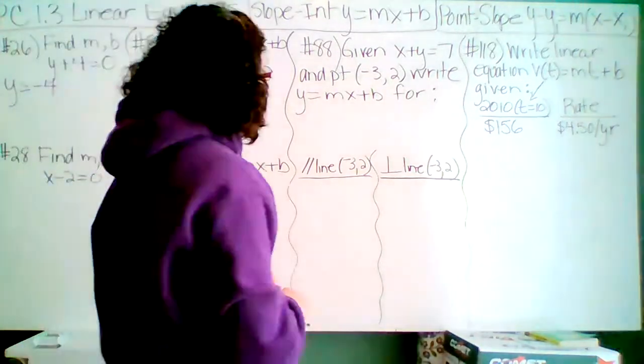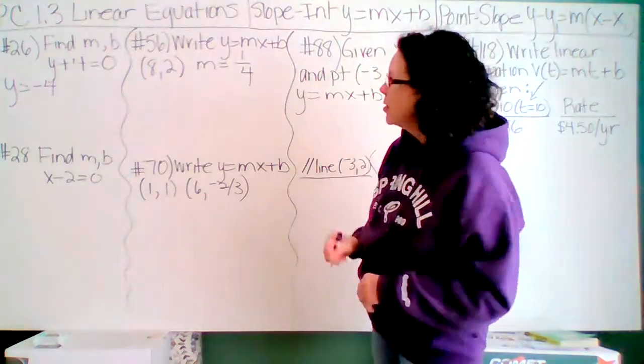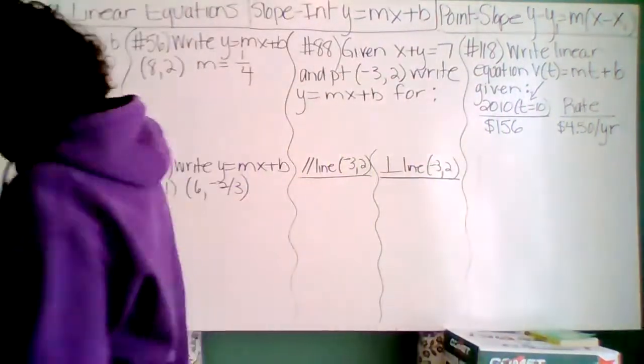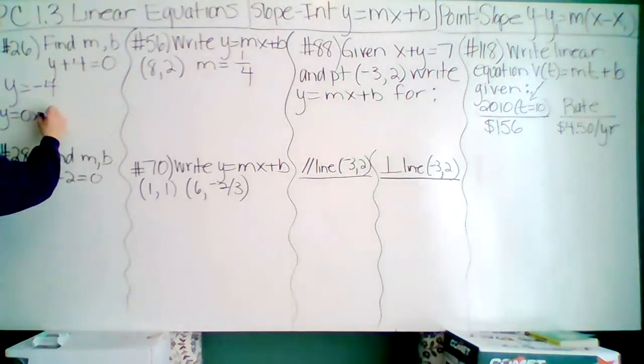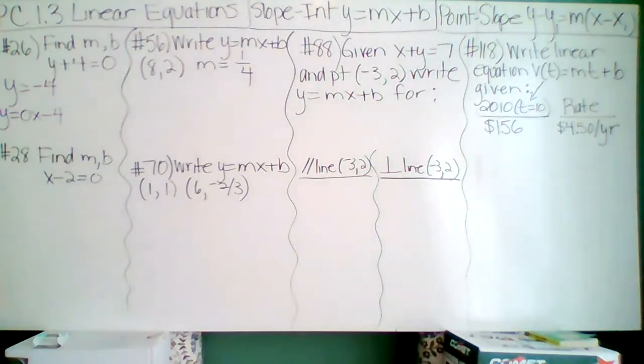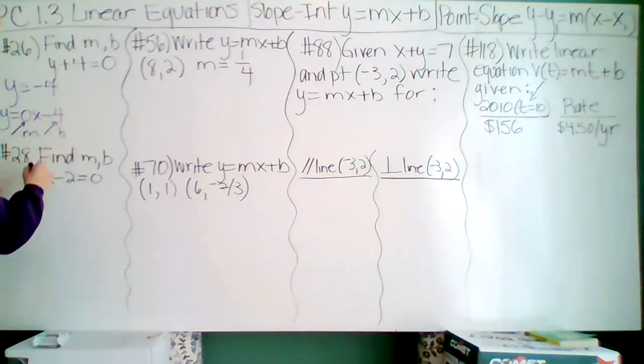But you're like, well, I think I see the y-intercept, but I don't think I see the slope. But we do, because I have 0 x's. So my slope is 0 and my y-intercept is -4.